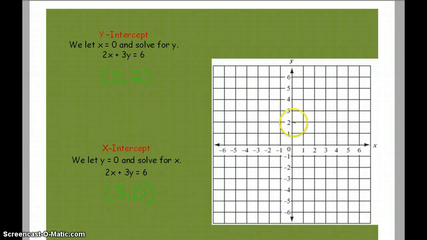So I've got the point (0, 2) for my y-intercept, (3, 0) for my x. Okay, now I'm just going to graph that line. Okay, and I would like you to use a straight edge when you connect your points. And that's the graph. It's as simple as that.